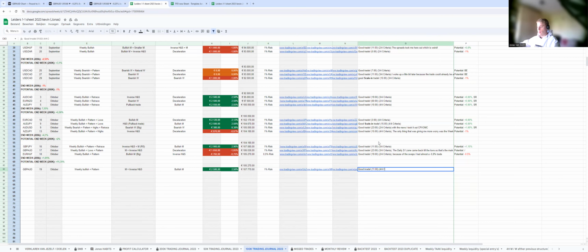Then I can see, okay, was it followed by the criteria? Did we have a 4 out of 4? When was the time I could take it? Was I working? Was I sleeping? Because I do shifts. I do 3 shifts: early, late, and night shift. This is the reason I do that, and I can look back for when I was awake, when I was not awake.